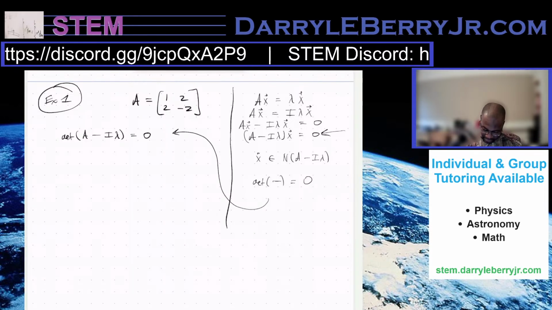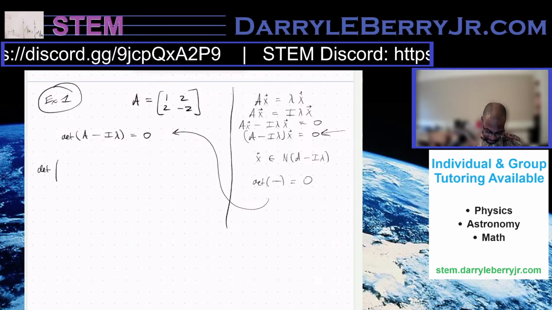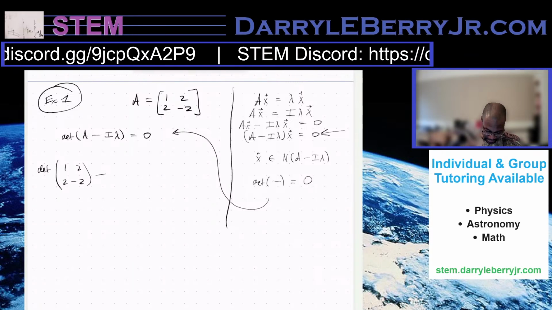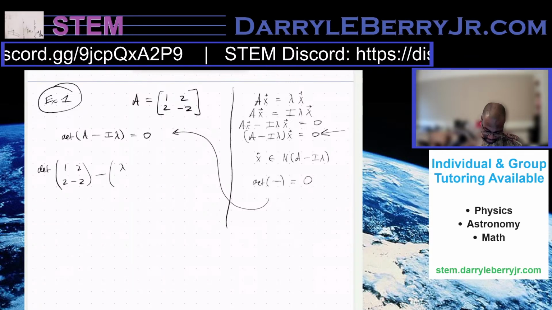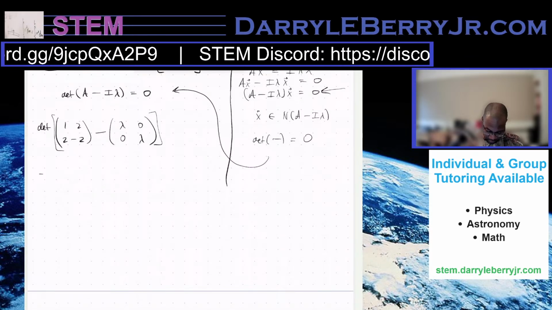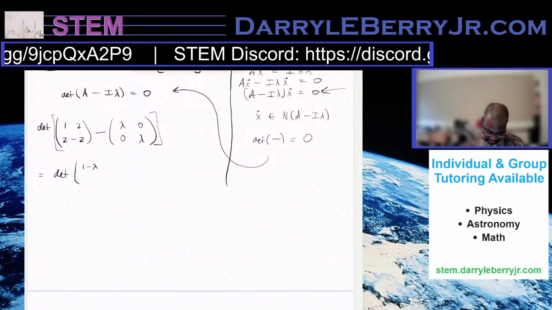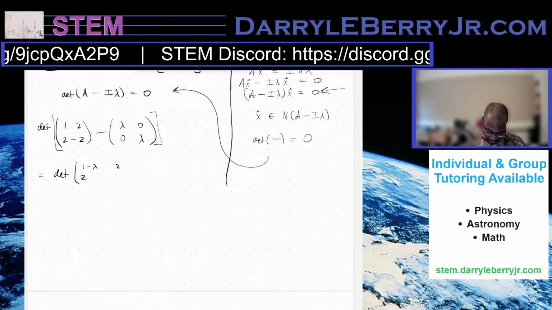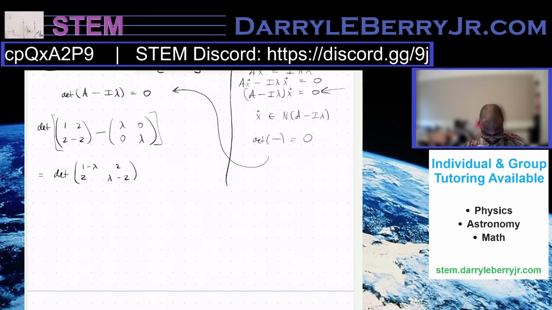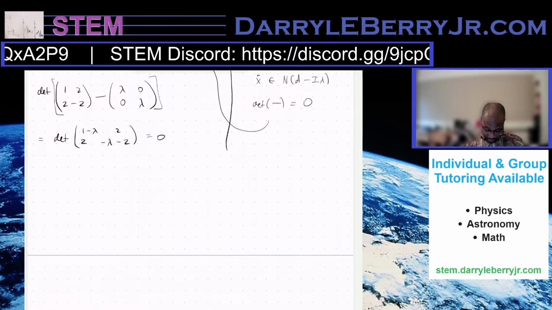So now we're over here trying to find out what that solution is. So we have the determinant of [1, 2; 2, -2] minus [lambda, 0; 0, lambda], which equals the determinant of [1 minus lambda, 2; 2, negative lambda minus 2] equals 0.